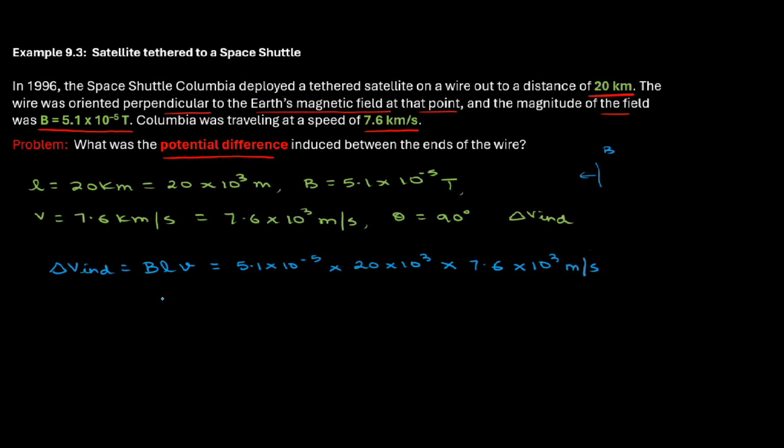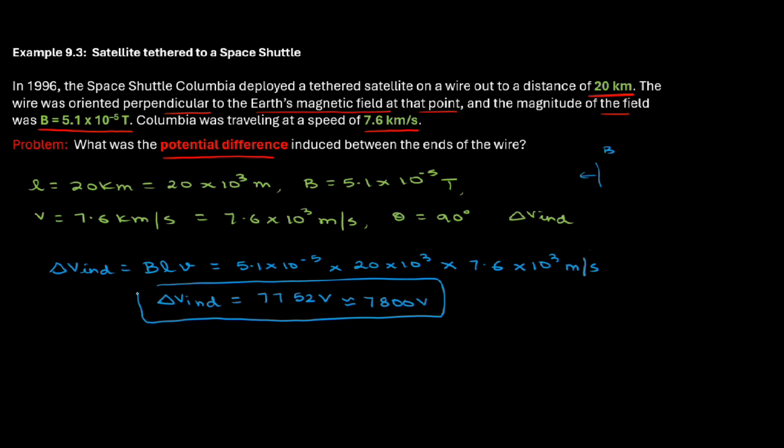And when you solve this, you get the induced potential difference to be equal to 7752 volt. And if you want to round this off to two significant figure, because all the other quantities in the question are in two significant figure, you can write this as 7800 volt. So this is my induced potential difference between the ends of the wire.